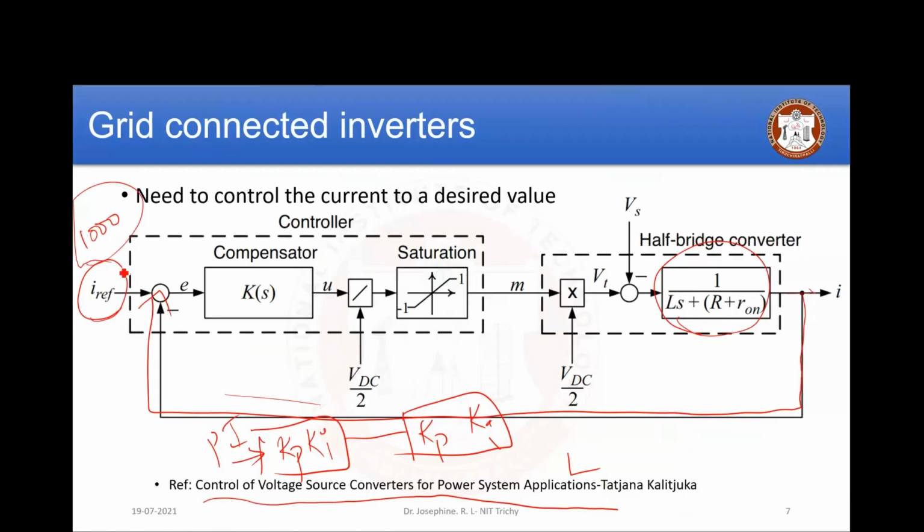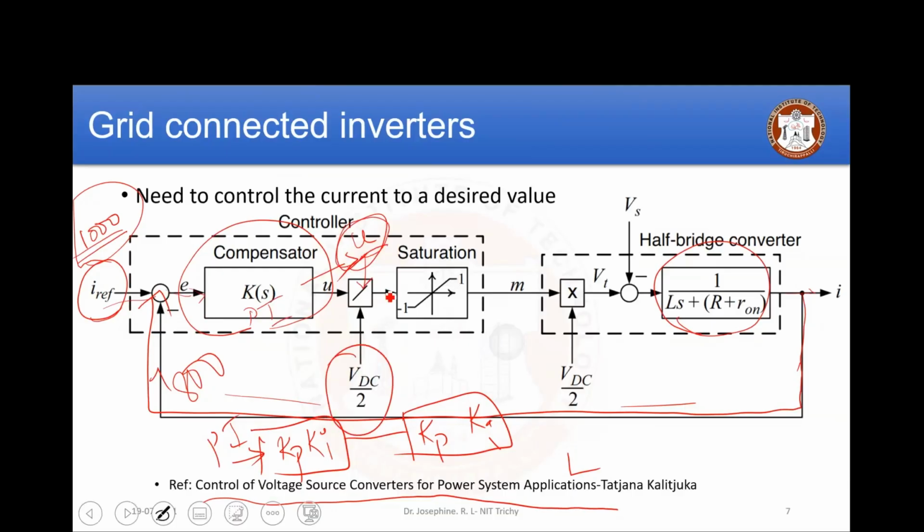So if my reference is 1000 ampere, you have to give it. Here is my compensator. After my compensator, I'm getting some reference U. Actually, this can be your M itself. But see, I'm taking 1000 ampere and some measured current, maybe like 800. If you give this large value as an error to this PI controller, obviously your U value is extremely large. And this U, I have to make it per unit by dividing with VDC by 2.